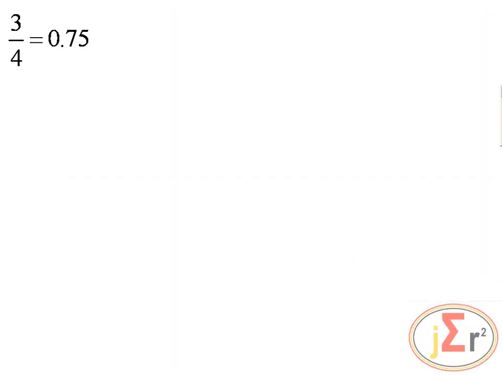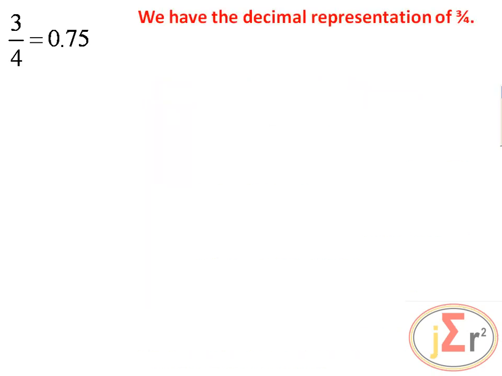So remember that 3 over 4, which is 3/4, is actually 0.75. We have the decimal representation of 3/4, which is 0.75.